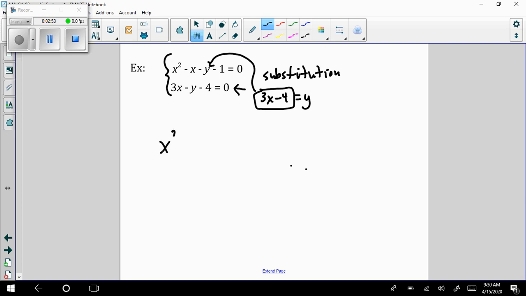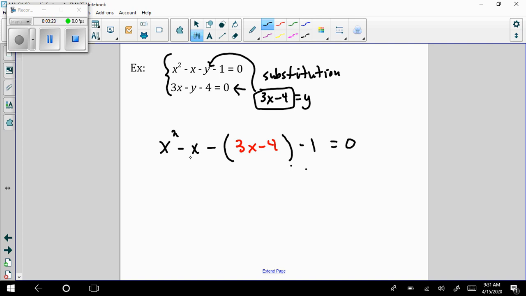We're going to have x squared minus x. Be careful because you have a subtraction sign in front of y. So safest thing to do is go ahead and put a set of parentheses there. And then the rest of it, minus 1 equals 0. And then inside the parentheses, I'm going to put the 3x minus 4. So number one mistake in all of mathematics is, believe it or not, just basic subtraction.